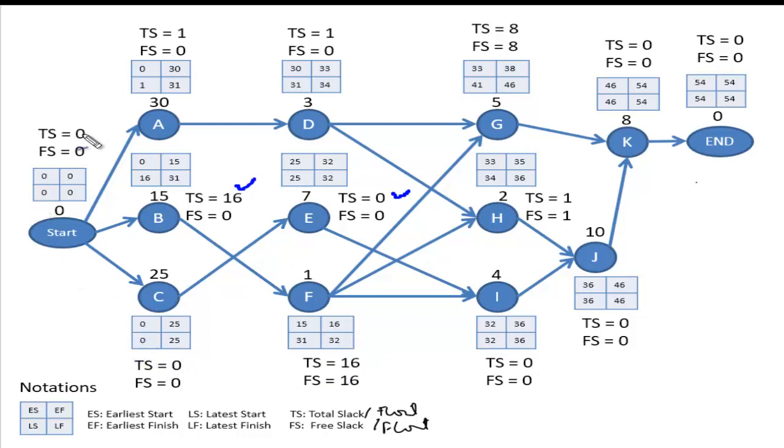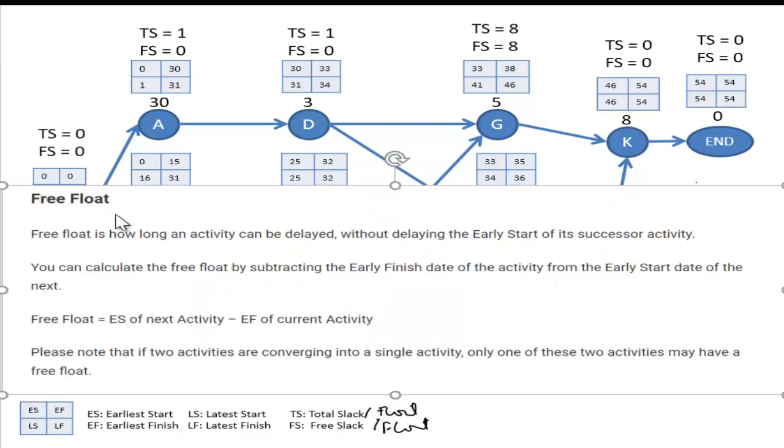Again, 0 minus 0, that is 0. That is, you have to subtract the earliest start from the latest start to get the total slack. Okay. Now next is the free slack.